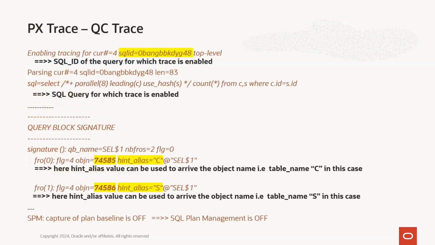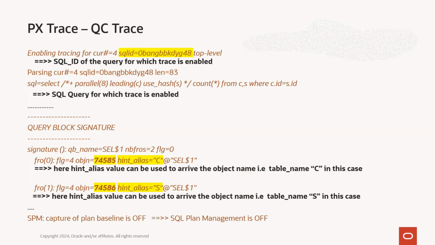If we drill down further in the QC trace, you can see the SQL ID of the query which we have run, starting with OBANG, and we can see the objects also.